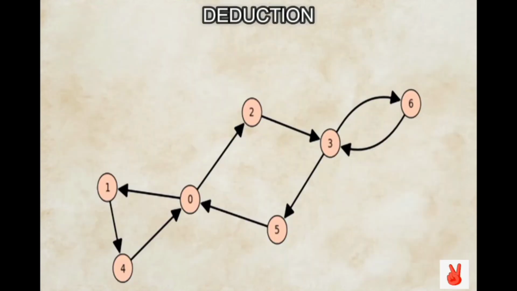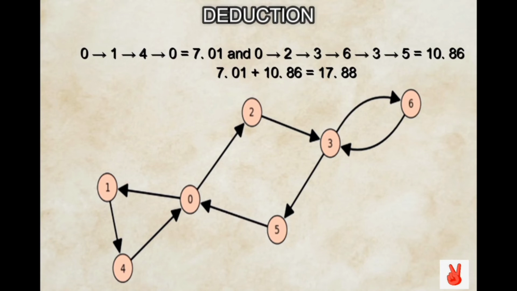With the use of deduction, we can determine the most efficient route, which is 0 to 1 to 4 to 0, which is 7.01, and 0 to 2 to 3 to 6 to 3, then 5, which equals 10.86. 7.01 plus 10.86 is equivalent to 17.88.